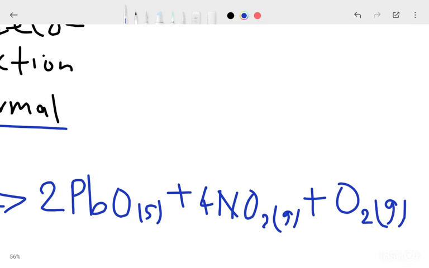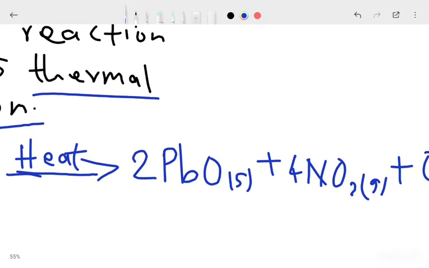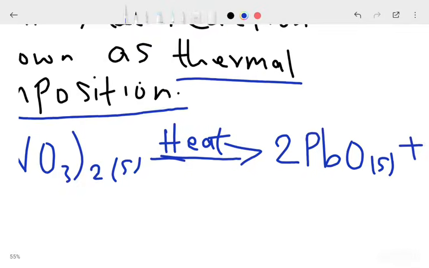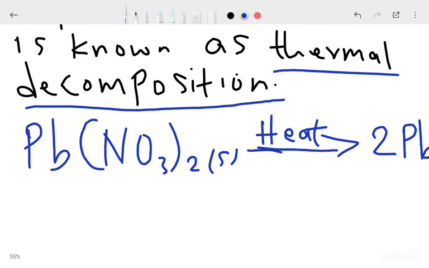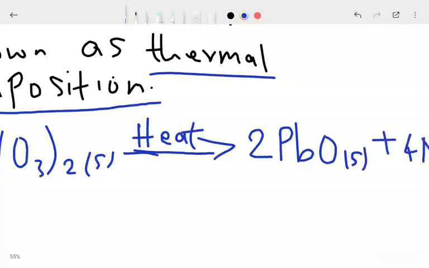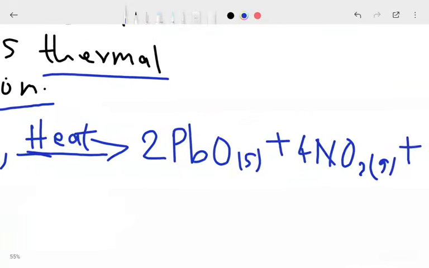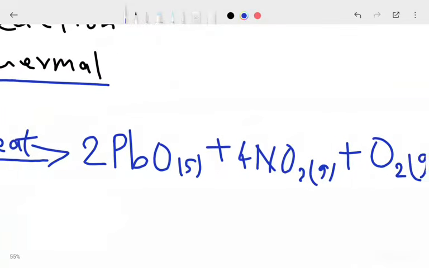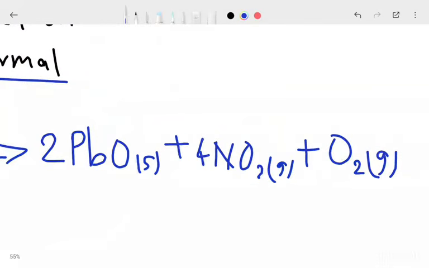So these are the simple, look at it. This is a big compound decomposing. Decomposing to what? To produce these simple or smaller compounds, and at the same time, an element. Are you getting it? So you notice that this was decomposition.